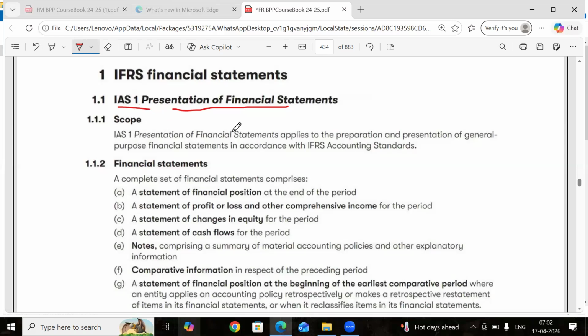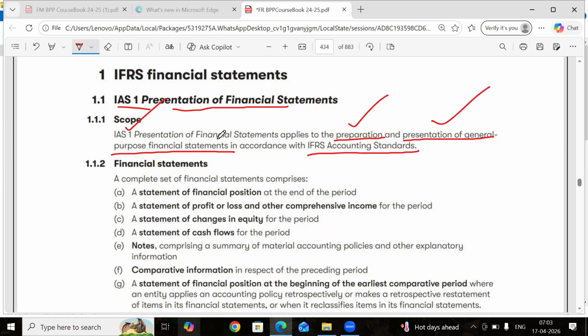IAS 1 applies to the preparation and presentation of general purpose financial statements in accordance with the accounting standards, which is IFRS. So IAS 1, this is standard number 1. What does it tell? It tells how you are going to present the financial statements. You are going to prepare it and you are going to present it.